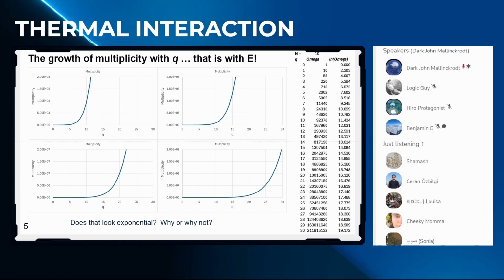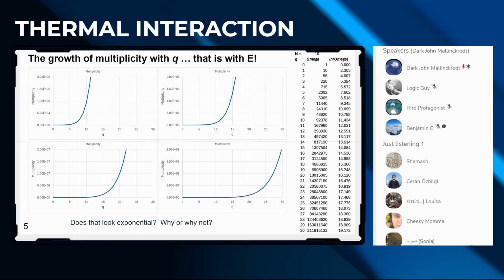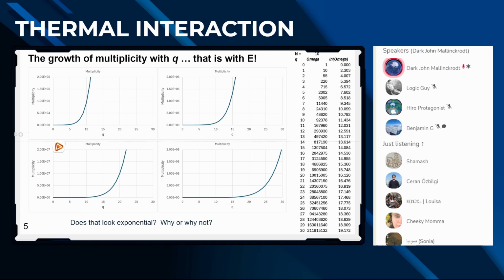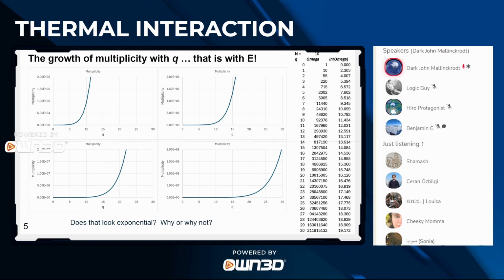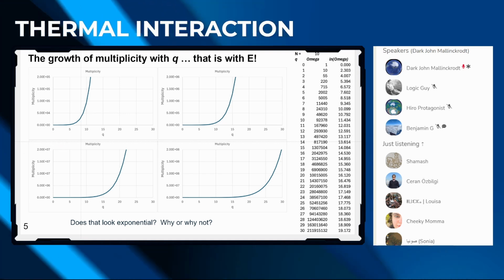It looks a lot like an exponential function in the sense that no matter what scale I plot on the vertical scale, I get something that looks like it's 0 for a very long time, and then all of a sudden starts growing and then just grows so quickly that it shoots off the top.